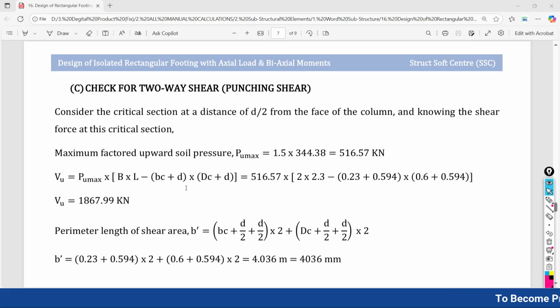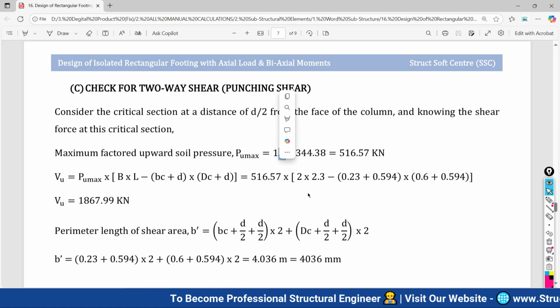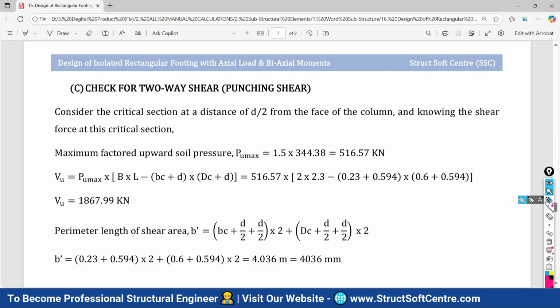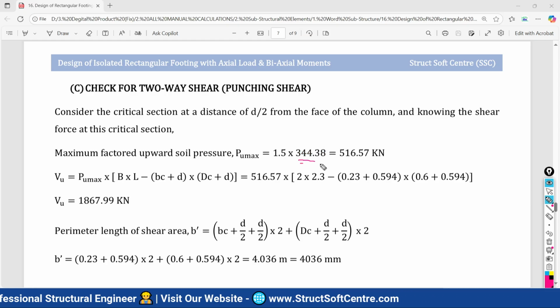So first we need to find the maximum ultimate pressure. The maximum ultimate pressure will be equal to 1.5 times the overall maximum upward soil pressure. Now let's try to understand how this value comes.